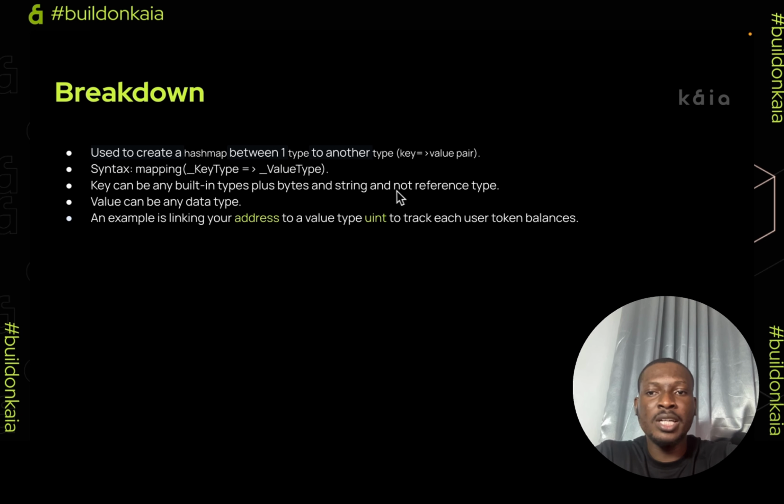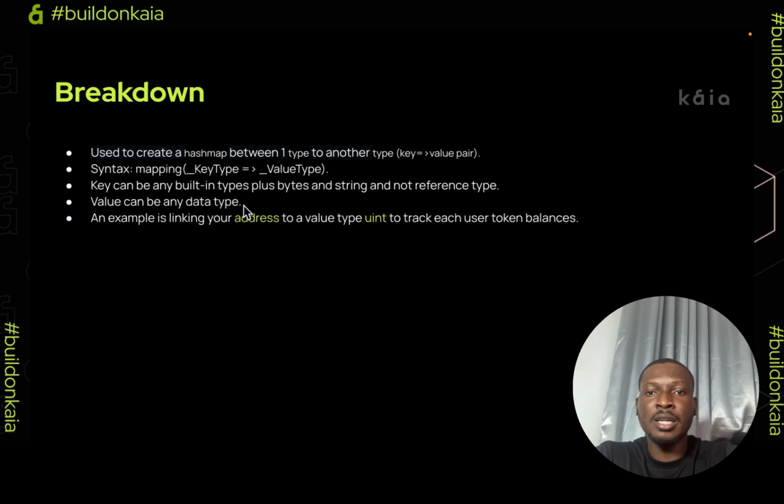But for the value type, you can indeed make use of any data type from reference types to even value types. In this case, your value type can be either an array or even a mapping itself.